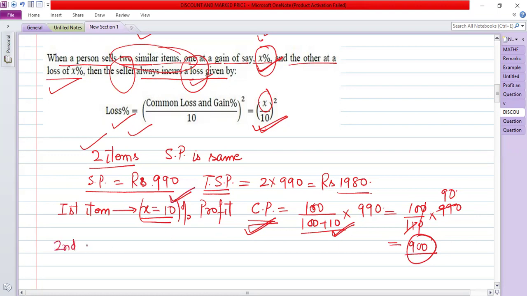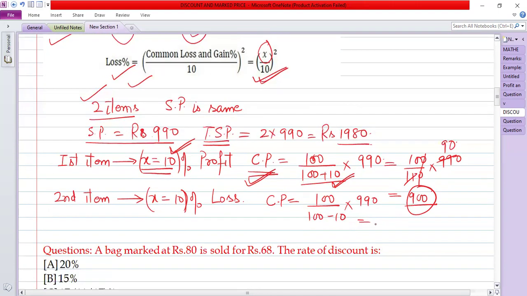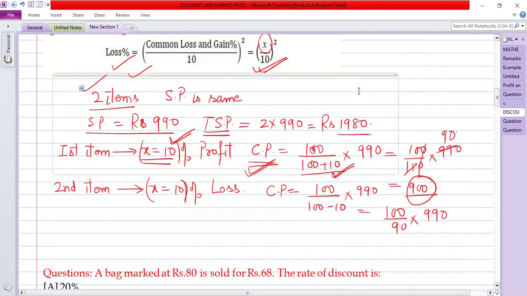Second item, which is sold at a loss of, say, 10%. Its cost price will be 100 minus 10 into 990, and this will be nothing but 100 upon 90 into 990.